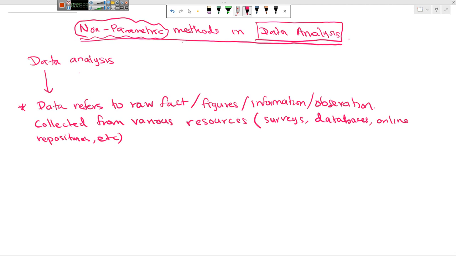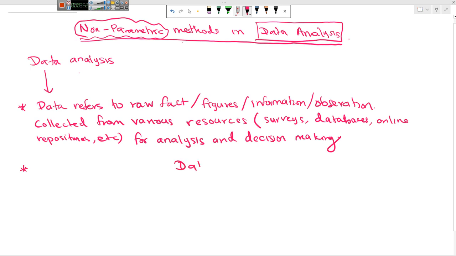So now we have to subject the data collected to analysis in order to make decisions, right? So for analysis and decision making, right?